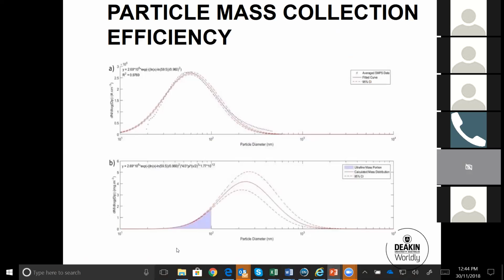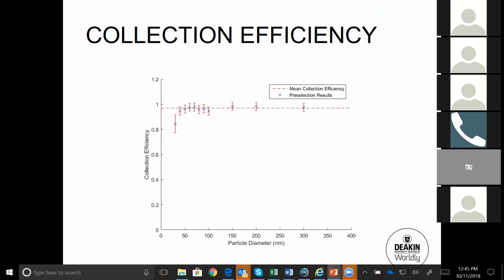So the collection efficiency is high: 80% of the total mass of the sample was the ultrafine portion that we were collecting, and our collection efficiency was high, as you will see, above 99%. So these are the results. We took into account everything, even the steam dilution factor.